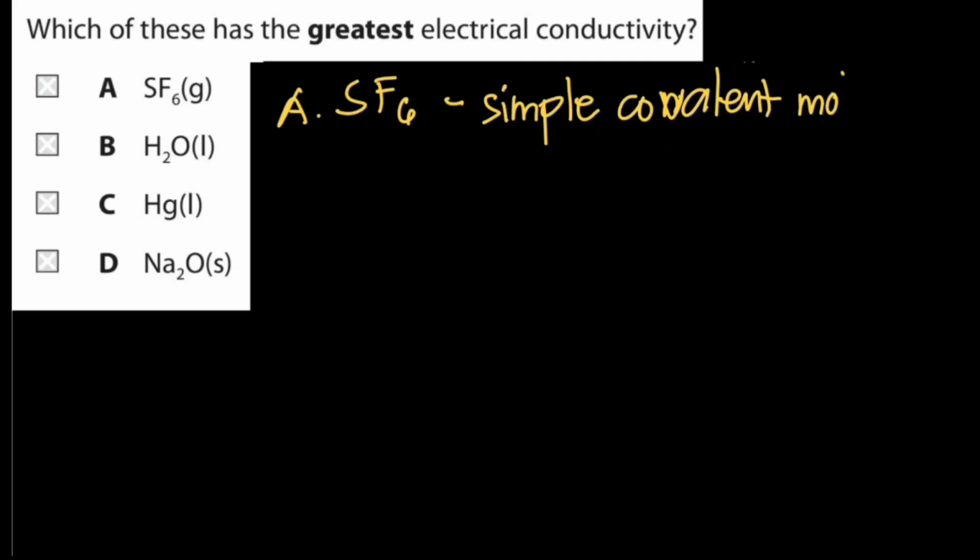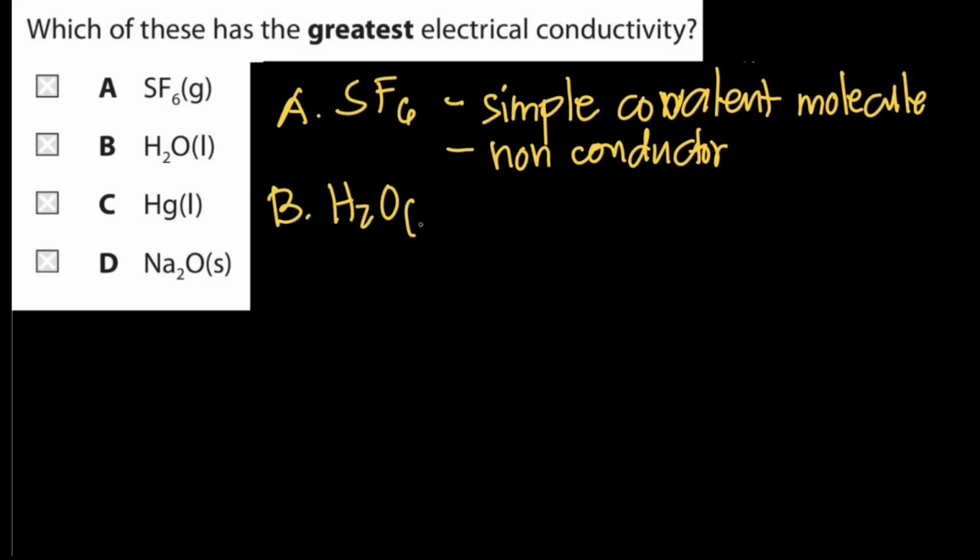So that means this does not conduct electricity. So this is a non-conductor, since it's neutral and has no ions. And how about the second one, which is water in liquid state?